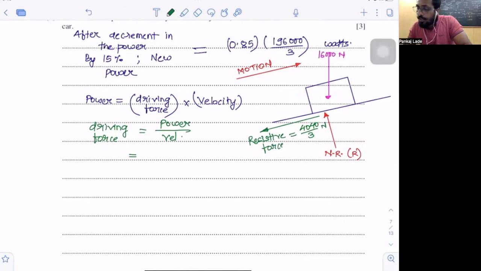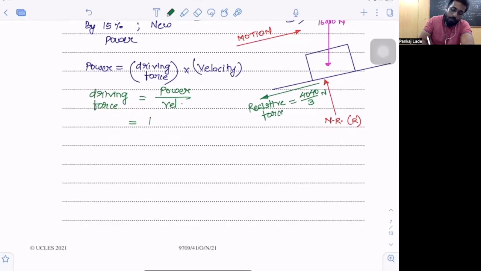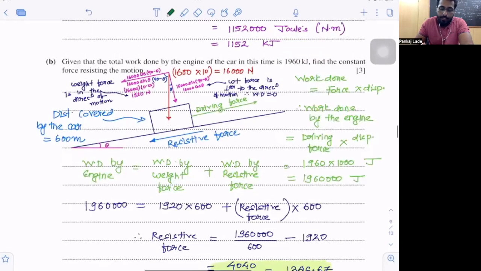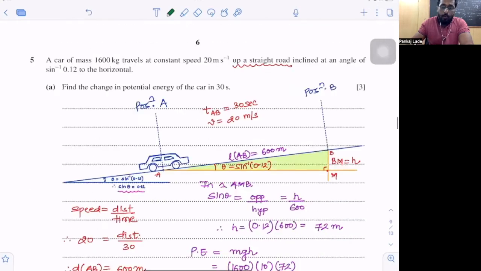So it's 166,600 divided by 3. That's the power. And you need to divide this by velocity. What was the velocity? Was it 20 meter per second? Yes, the velocity was 20 meter per second.